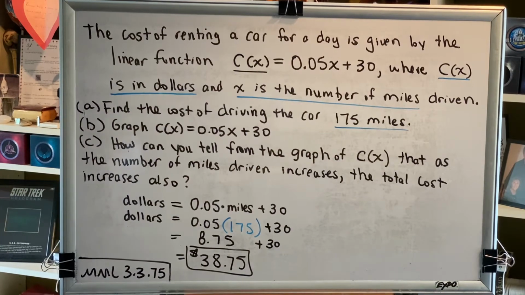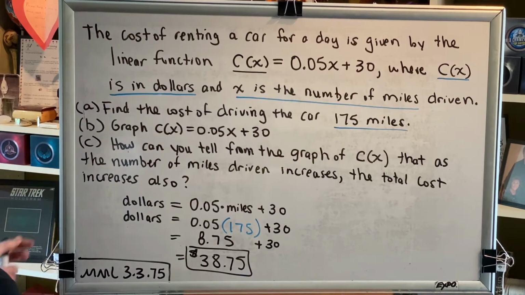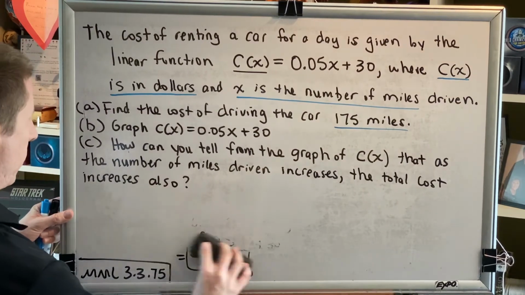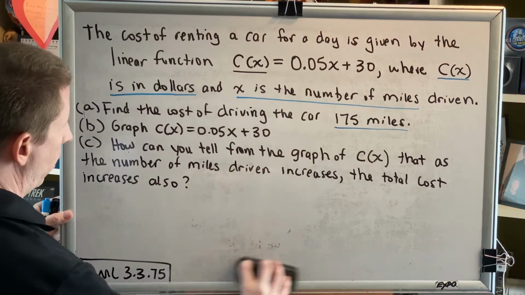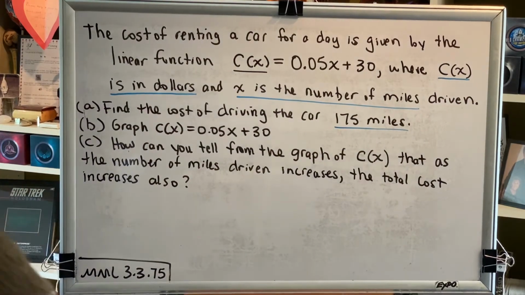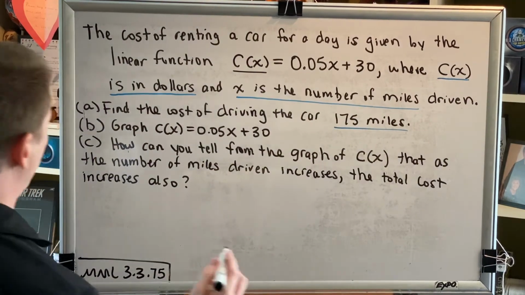All right, let's now move on to part B. Part B says graph c of x equals 0.05x plus 30. Well, we know this is a linear function because it's in the form mx plus b.